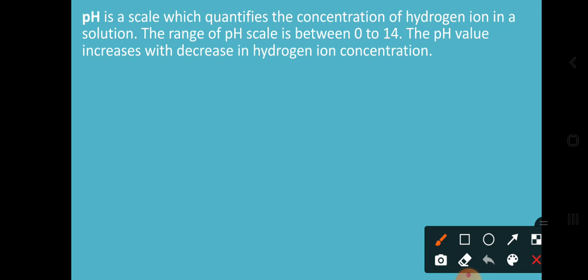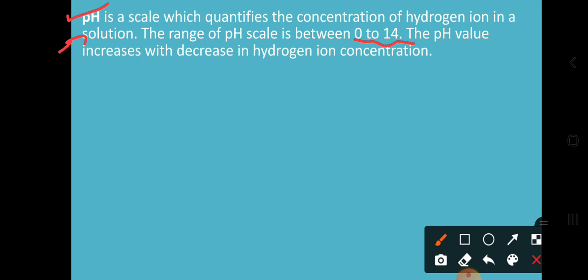In a similar way, this is a scale used for quantifying the concentration of hydrogen ions in a solution, and the range of the pH scale is between 0 and 14. Usually the scale we use goes around 0 to 15, but the pH scale goes only up to 14.